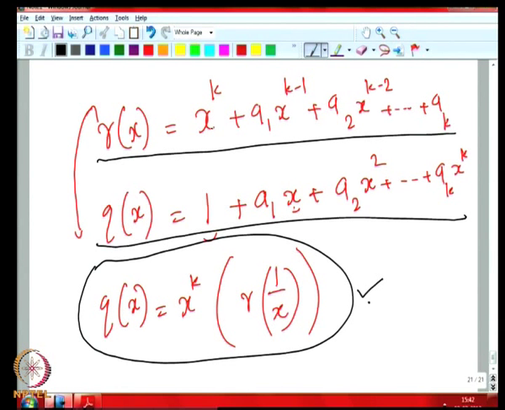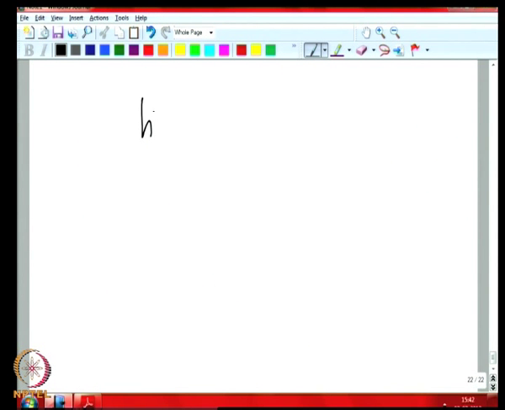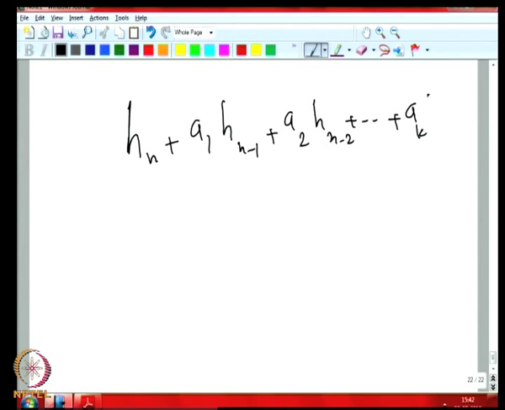This is the characteristic equation for a recurrence relation of the form h_n plus a1 h_(n-1) plus a2 h_(n-2) and so on, plus a_k h_(n-k) equal to 0.